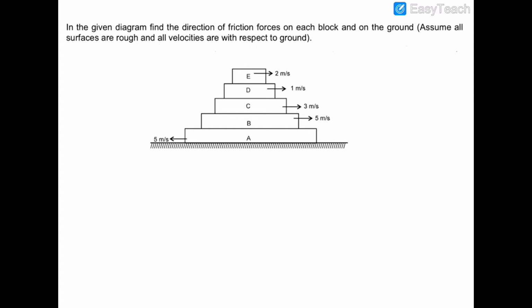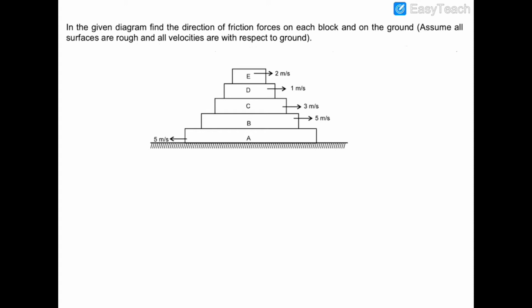So considering this fact, one more important thing is that the direction of friction does not depend on the relative acceleration, or on the relative force. It is only dependent on the relative velocity.